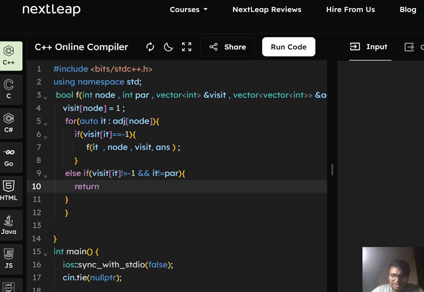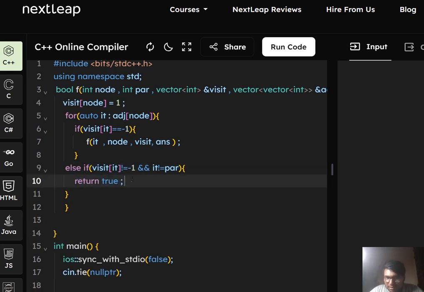I hope you are getting the logic right. It's already visited, and only a parent is the one which could have been visited earlier. I'm saying that it's visited and it's not the parent as well. So we have to return a true.